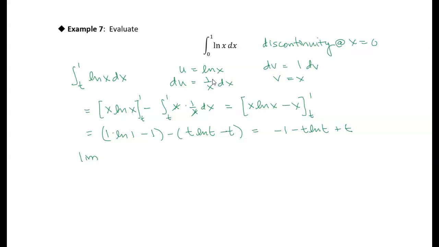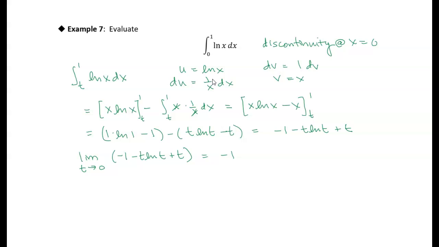We want to take the limit as t goes to 0, because that's where our discontinuity was. We want to take the limit of minus 1 minus t natural log of t plus t.